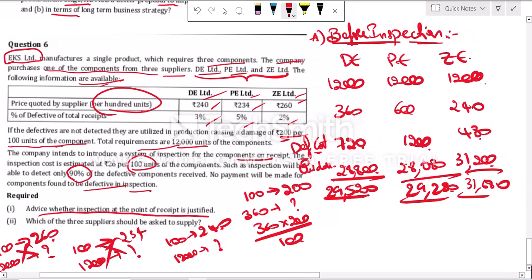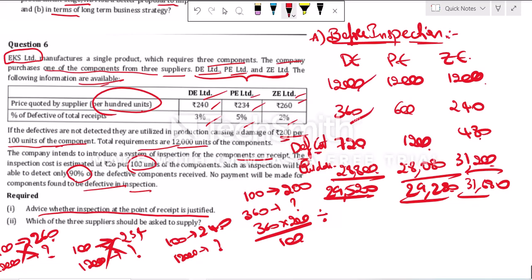So for how many goods are they incurring this? 29,520 is for 12,000 goods, but they need to charge this only to the good products, because for bad products they will not receive any payment. They cannot sell them. So how can they charge that to bad goods? They have to charge only the good goods, so divide by 12,000 total units minus 360 defective units.